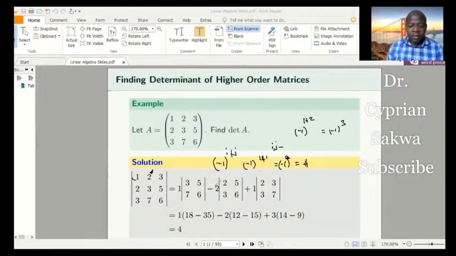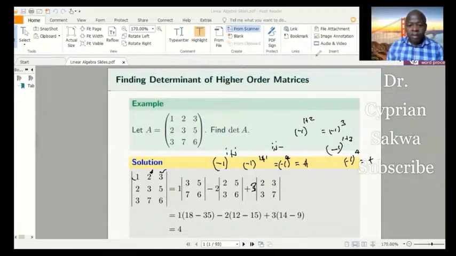So that's why I have -2. What about here? Why do I have +3? So I go to where 3 is, and 3 is in row 1, column 3. So the sign will be -1 raised to row 1 plus column 3. So this is -1 raised to an even number, and the sign will be positive. So that's why you can see I have positive there.